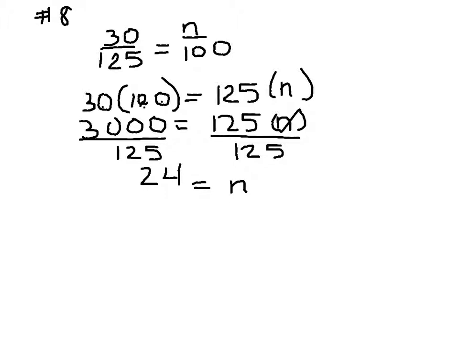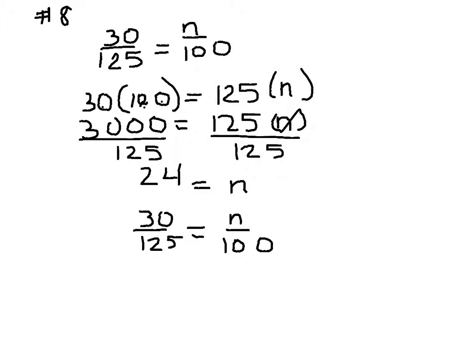All right, and then if I wanted to do it a different way, if I didn't have a calculator on me, I might take this 30 over 125 is equal to n over 100, and say, okay, 5 goes into 30.